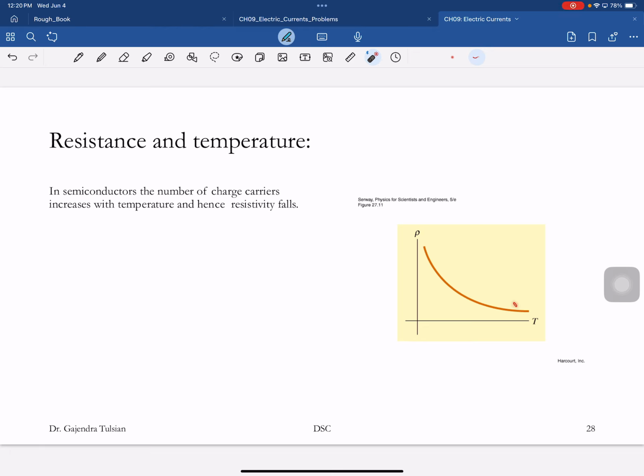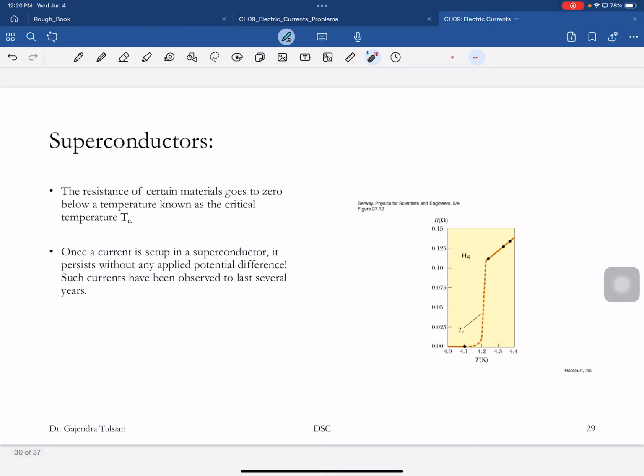For semiconductors, the resistivity increases as temperature decreases. Why? Because there are fewer free moving charges. Very good. So you're decreasing the number of charge carriers. There are some materials where, as you reduce the temperature, the resistivity seems to go to 0. What does that mean?